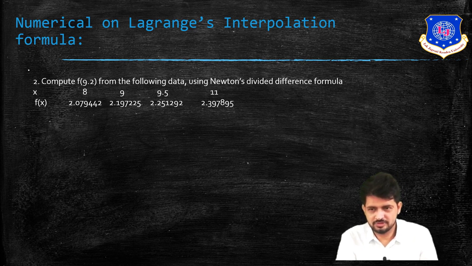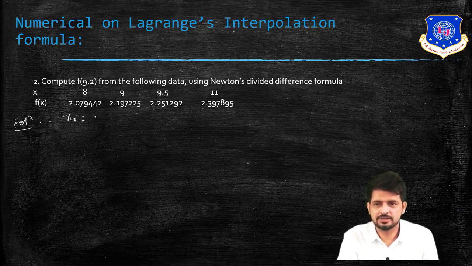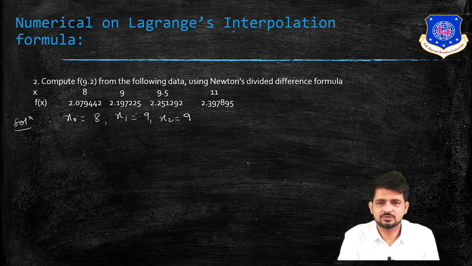Before solving, first of all, we have to write the Lagrange's interpolation formula for n equal to 3 again. See, what is our x0? 8, then x1 is equal to 9, x2 is equal to 9.5, and x3 is equal to 11.